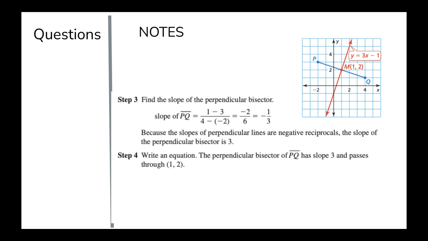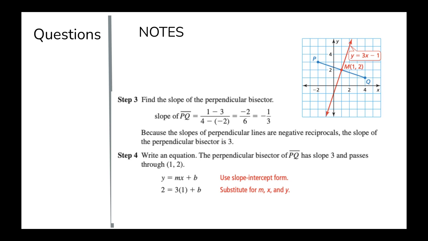Now you can write the equation. The perpendicular bisector is going to have a slope of 3, and it passes through the midpoint, which was at (1, 2). We can start by writing slope-intercept form, y equals mx plus b. We can now substitute the values in.